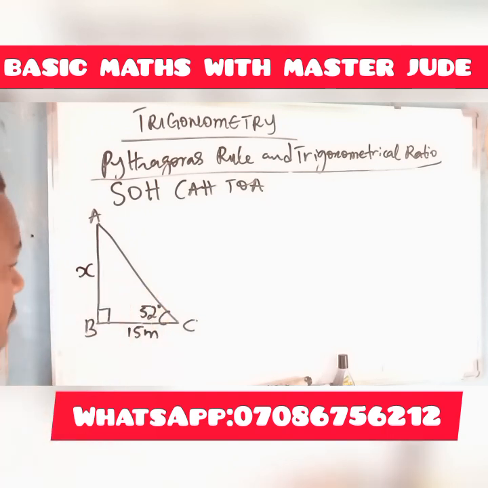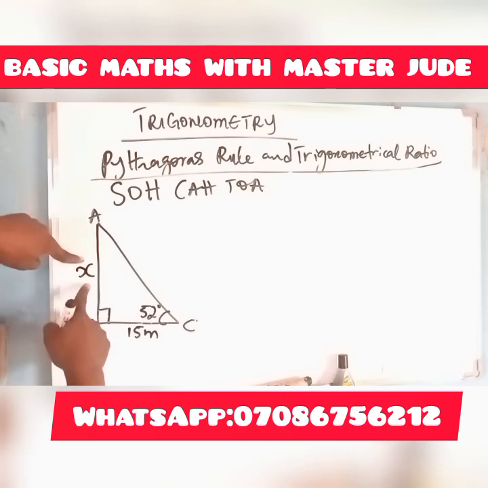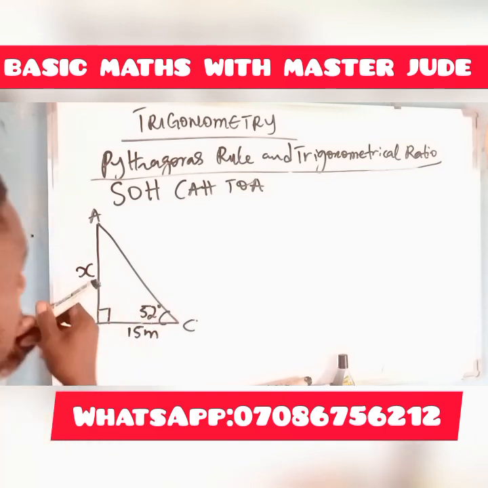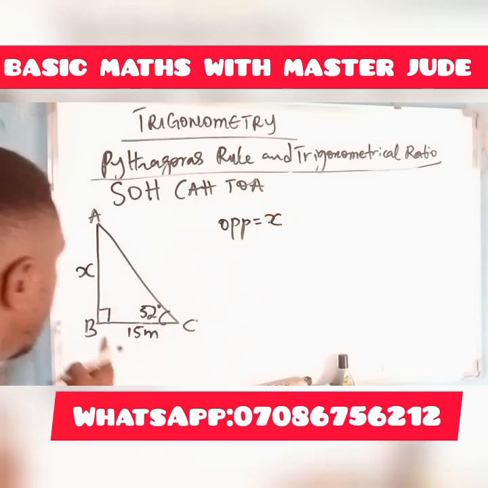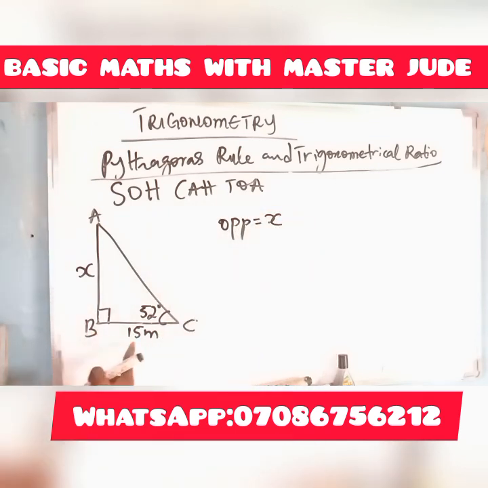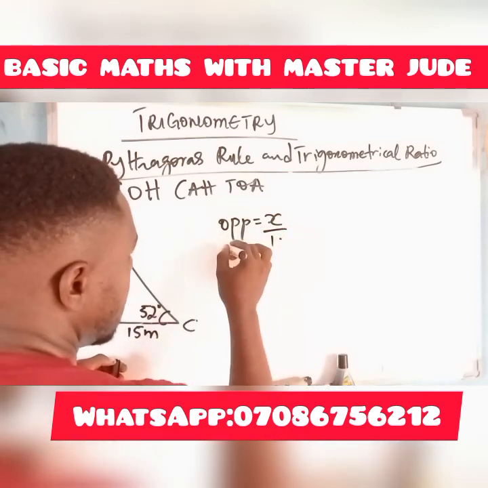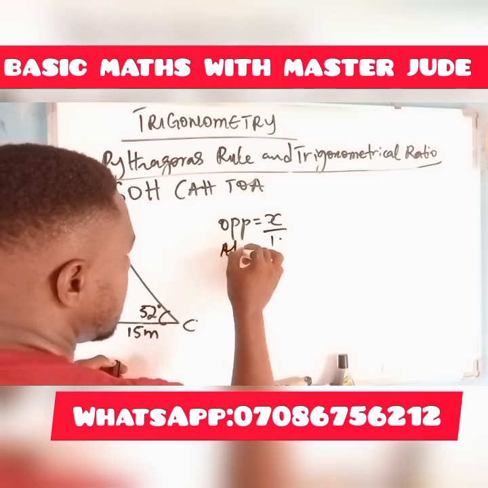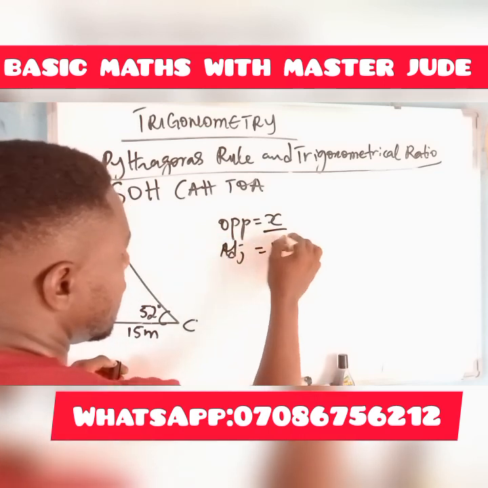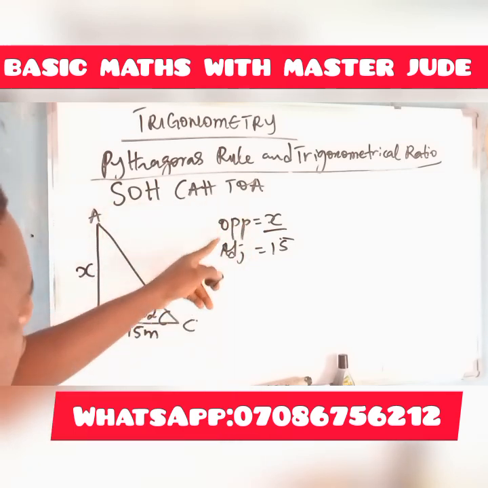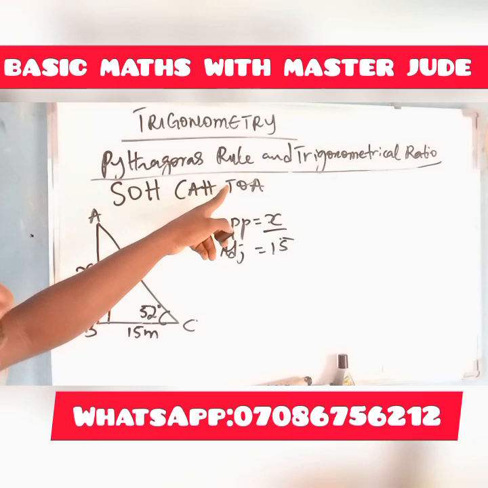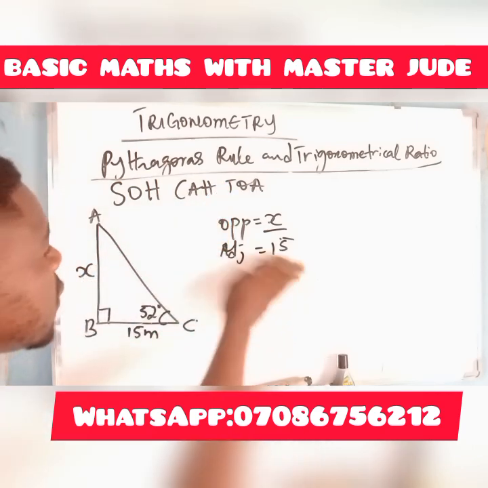Now, if you use this example, let's do identification. You are given x, and x is the opposite. Then you are given the other side, BC. BC is adjacent, which is 15. Now you look in this acronym for which one has opposite and adjacent. TOA. So we are using TOA to solve.